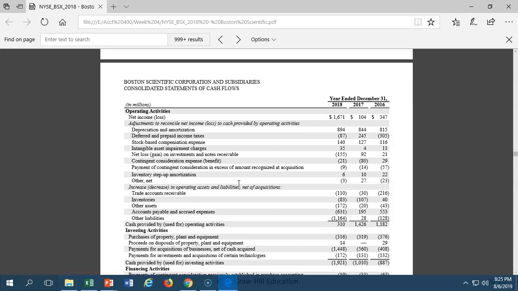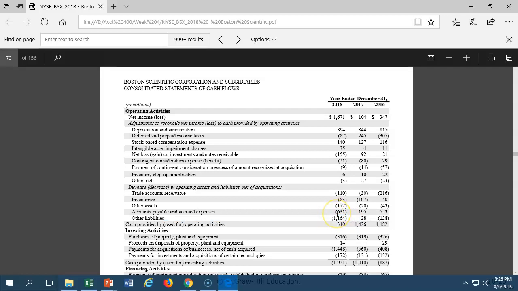And then this other liability, the same thing. They are decreasing those other liabilities. I would definitely research that. Kind of curious what's going on.